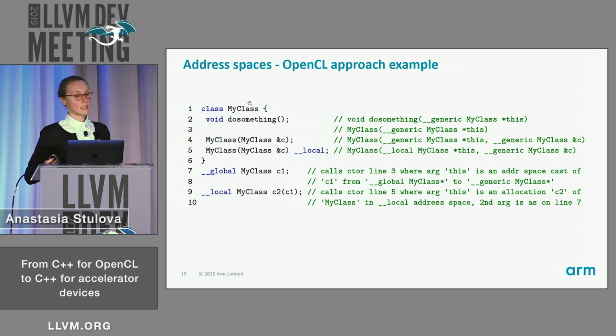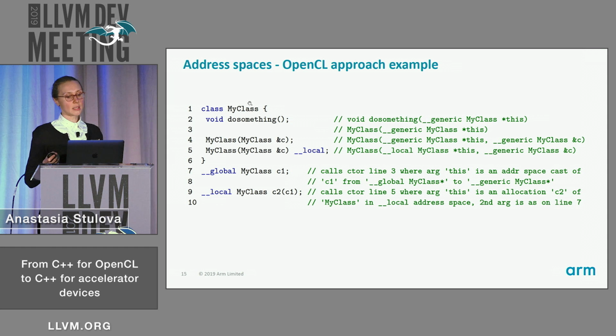On line 9, instead, we are declaring a local address space variable, and we are passing object C1, so we will use the copy constructor. We will use the copy constructor from line 5 because that's the most matching constructor considering address space in this case. Therefore, we will avoid an address space cast from local to generic because we actually have a local address space object parameter in this case.